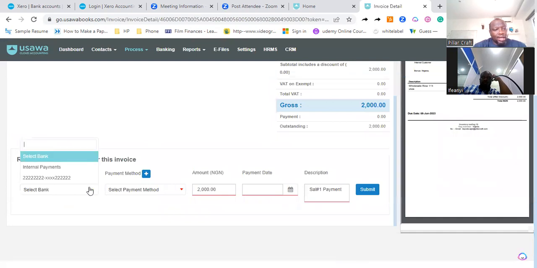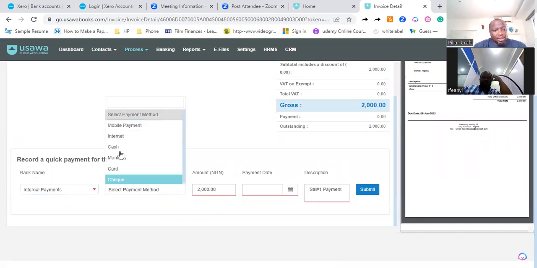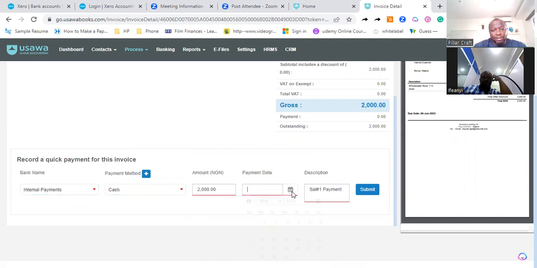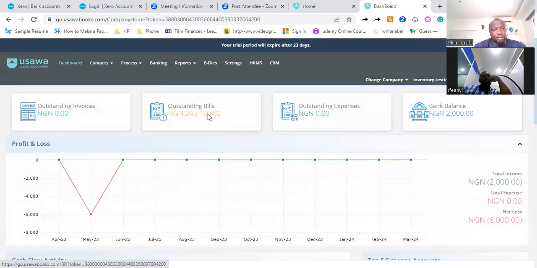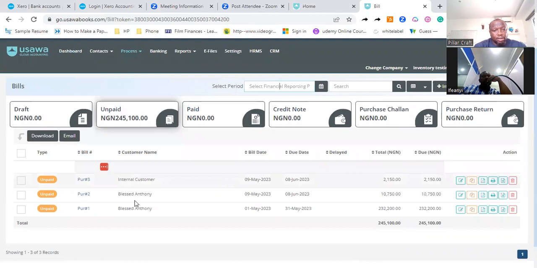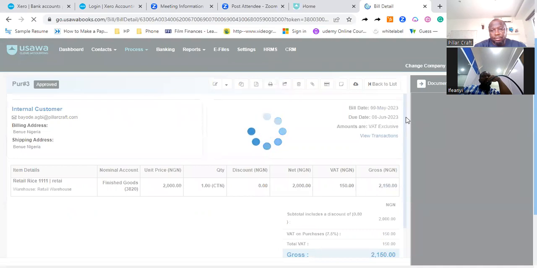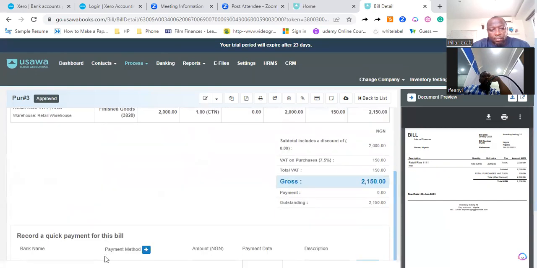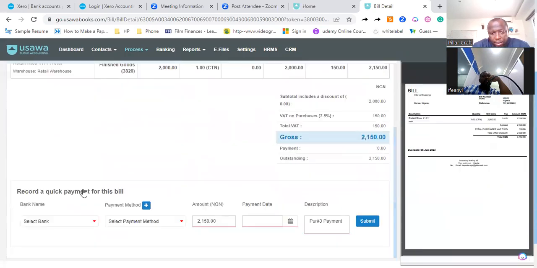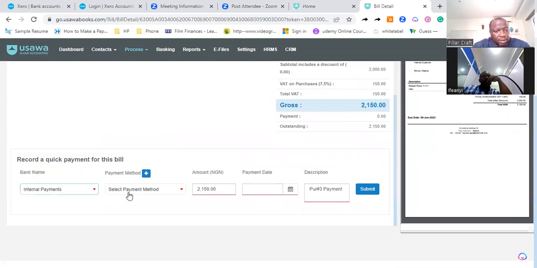Yes. So if I come here, I can pick the internal payments, I can say it's cash, the date of payment, submit. Then I go also to the other one, internal customer, internal payment, cash.